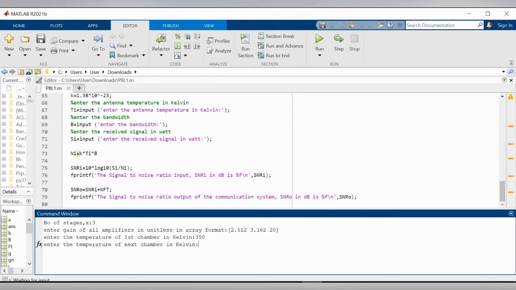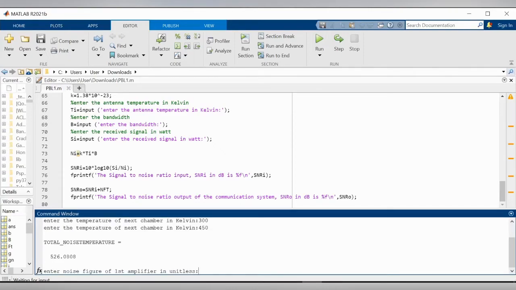The second one is 300 K, and the third chamber in Kelvin is 450. So first we get the total noise temperature, and after this we enter the noise figure of the first amplifier in unitless, which we can take from the manual calculation.